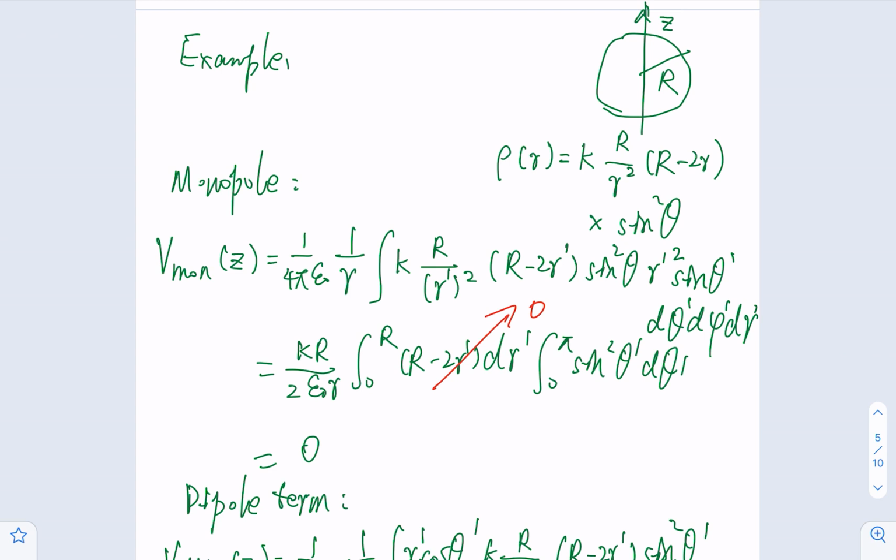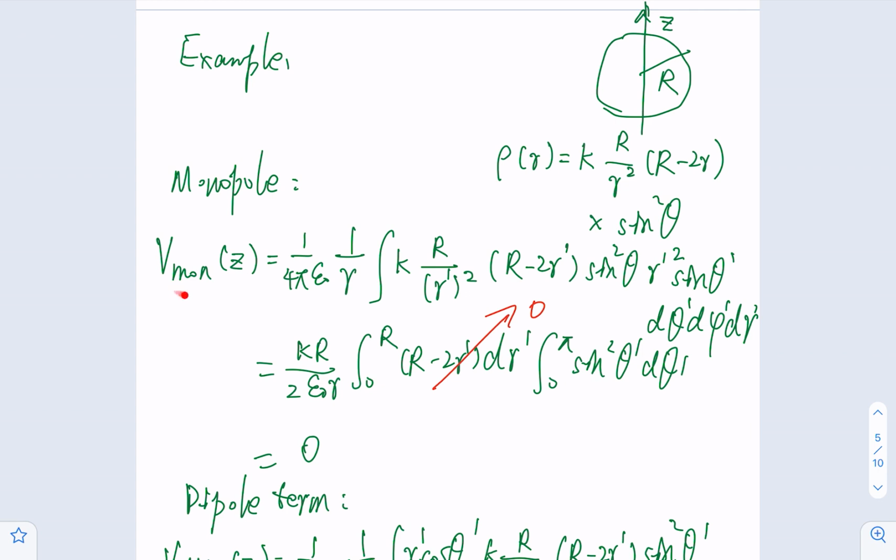So here the charge density I'm trying to look at has the form of k r over r squared times capital R minus 2r times sine theta squared. Here this capital R is the radius of this sphere, and now if I expand, what I'm trying to look at is the field along the z direction.